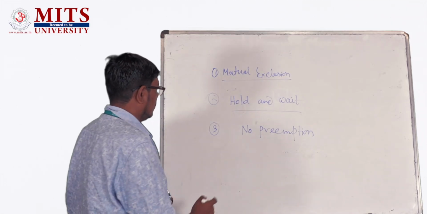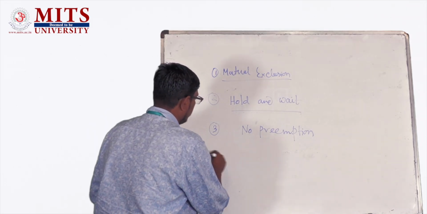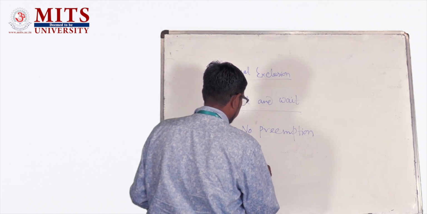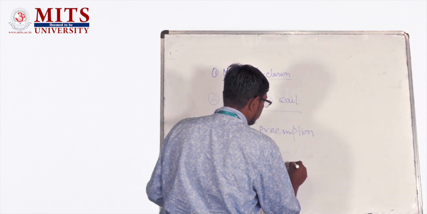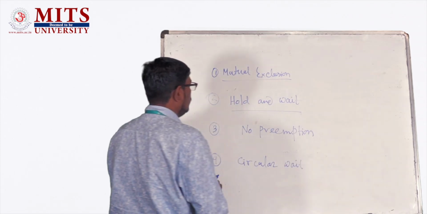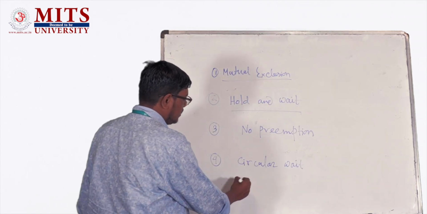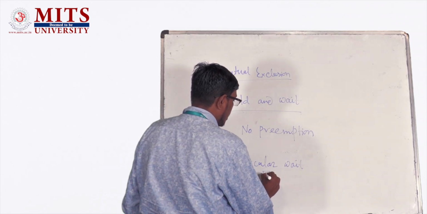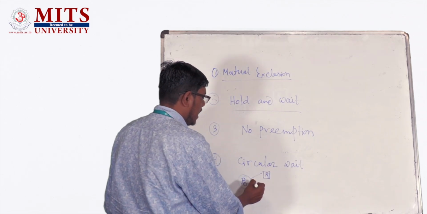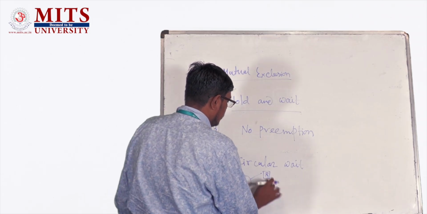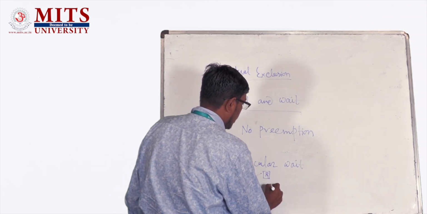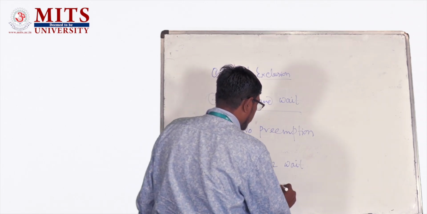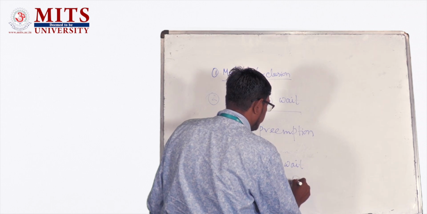And last, number four, is circular wait. Now we go with an example. There is a process P0 which holds a resource R1 and requests the resource R2. This R2 is held by another process P2.